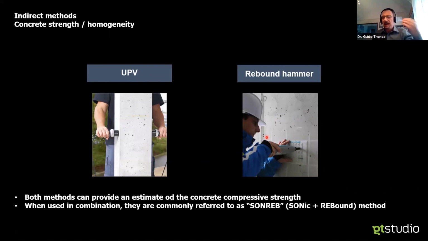And if I may add, these quite inexpensive and affordable technologies cover probably between 80 and 90% of the typical applications on existing structures, so they are very abundant on the market.